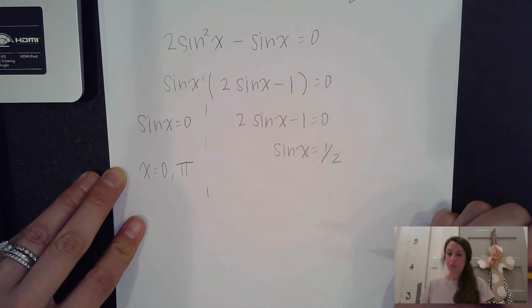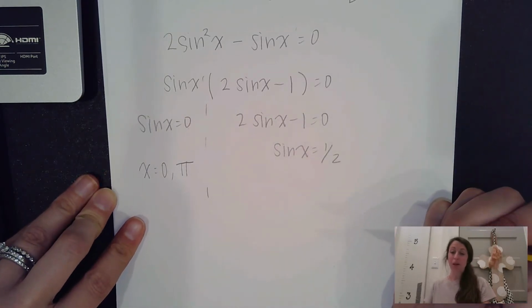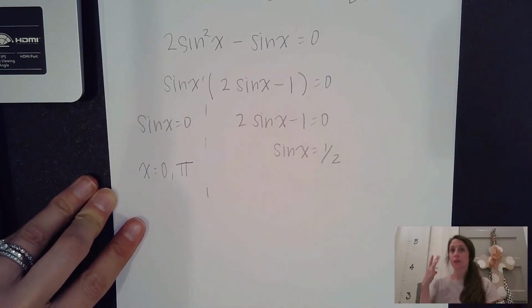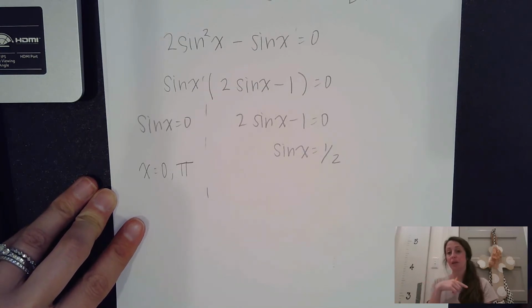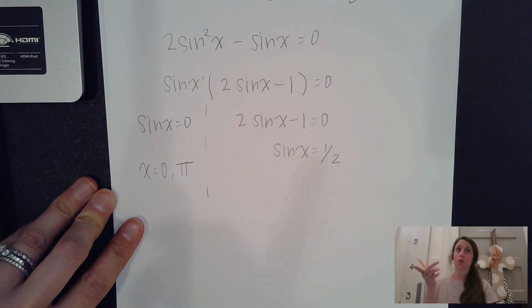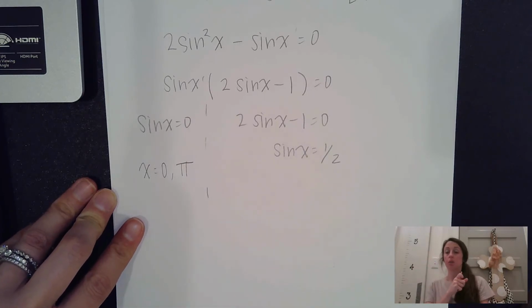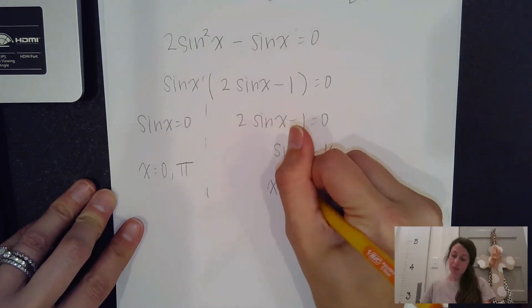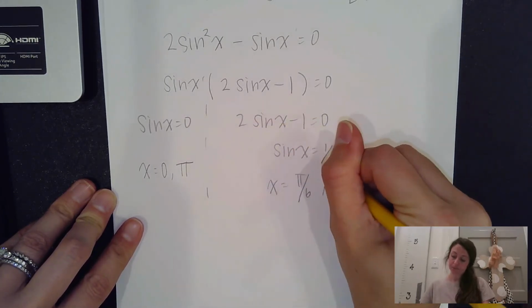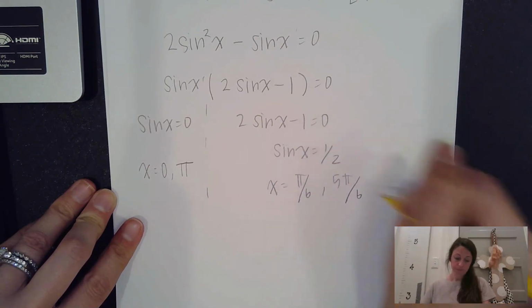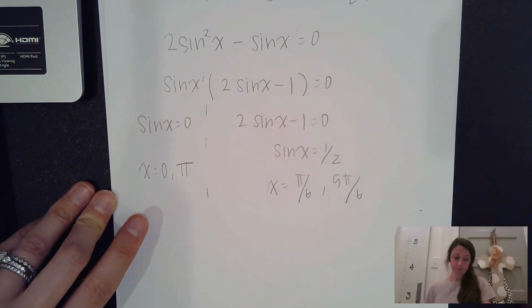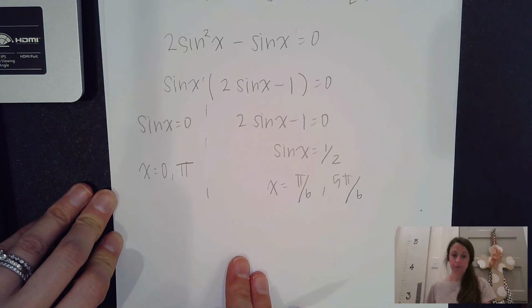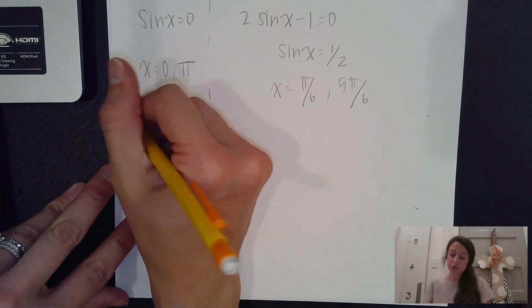And then where is it going to be equal to 1/2? So it's got to be a positive 1/2. That means it's positive, so it's your y value, so it's going to be either in quadrant 1 or quadrant 2. So if it's 1/2, then that's going to be pi over 6 and 5 pi over 6.